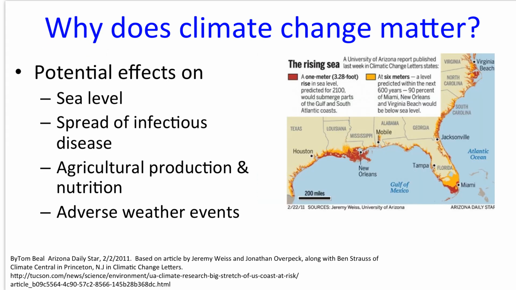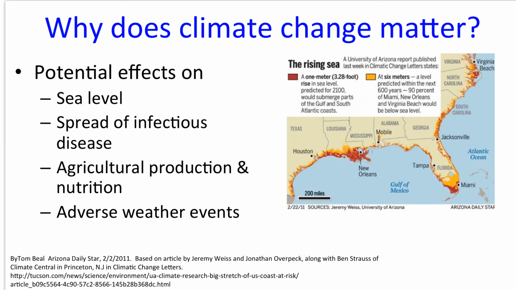What would be the effect of this if it did happen? This map shows areas that are within 1 meter of sea level now. And so anything in red is within 1 meter, and thereby a 1 meter increase would be expected to inundate those areas.